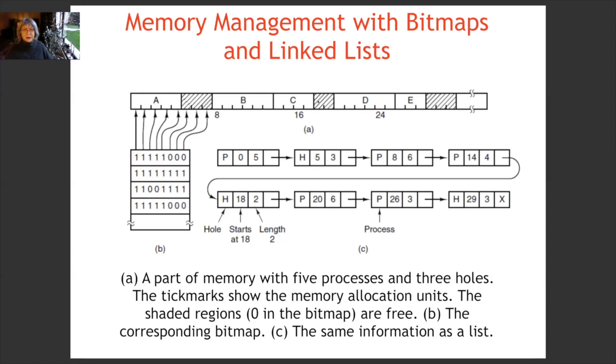And we have a process D, and this is for process E, and then there is a hole. It continues like that. And notice that this may be represented either by using bitmaps or by using a linked list.